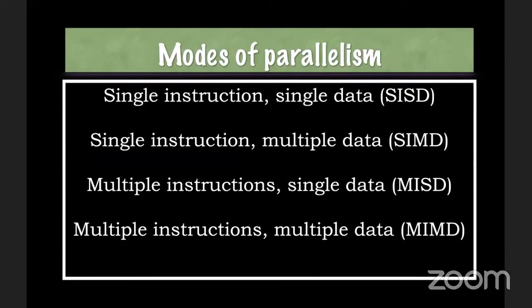Here we'll talk about the modes of parallelism: single instruction single data, single instruction multiple data, multiple instructions single data, and multiple instructions multiple data. What does that mean? These are the various parallelism techniques. The primary benefit of GPUs is parallelism, or simultaneous processing of the parts of the whole. There are 4 architectures involved here.